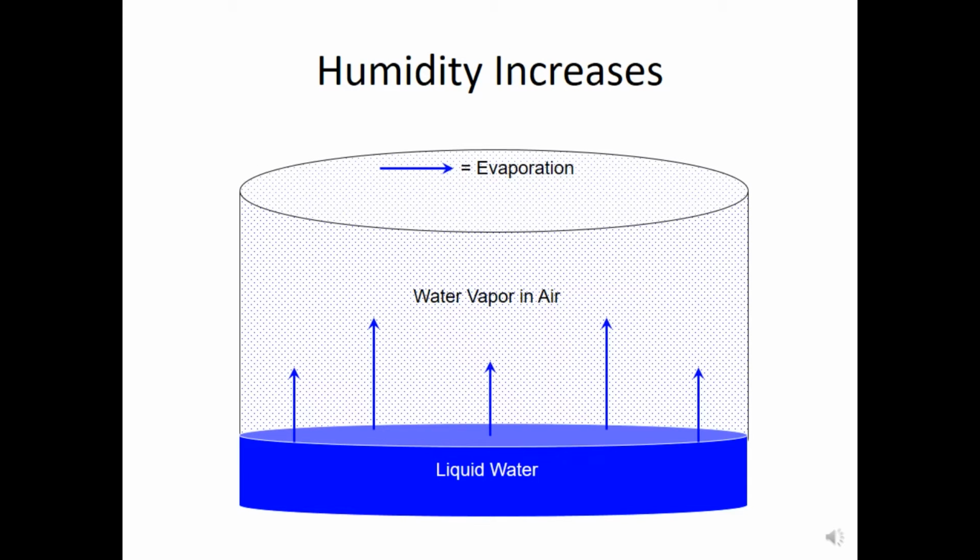But what's going to happen is as soon as you start this experiment, there are liquid water molecules at the surface that have enough energy to break free from the liquid water, and they will evaporate and move from the liquid phase to the gas phase, which will increase the concentration of water vapor in the air.